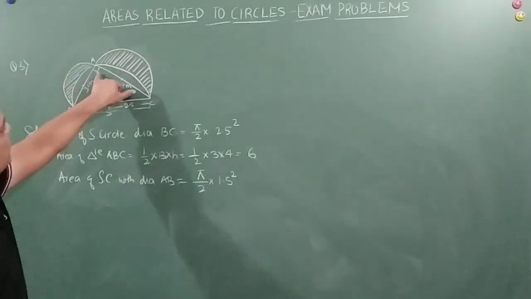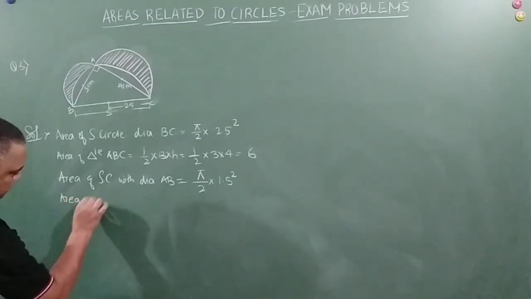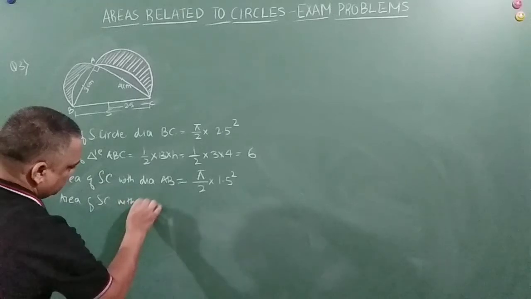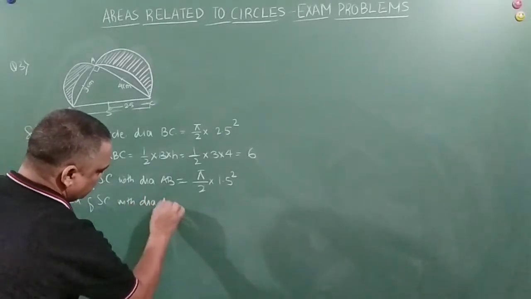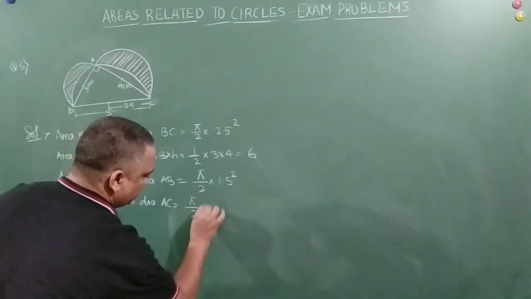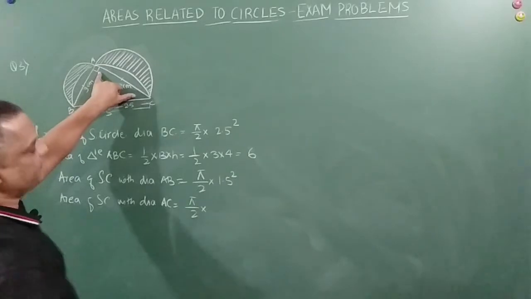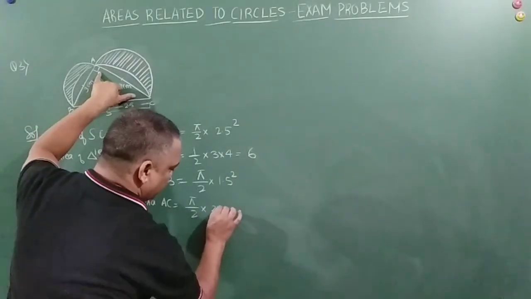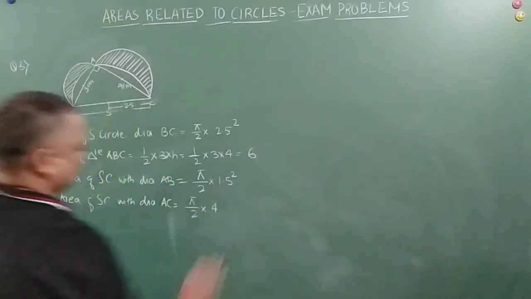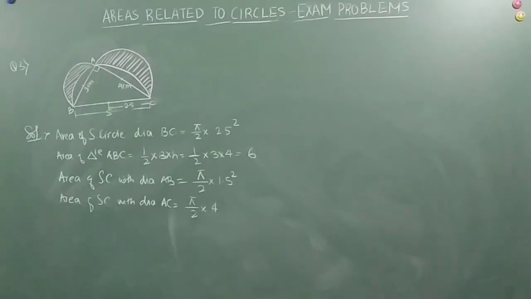Now area of semicircle with diameter AC will be equal to pi by 2 into r square. So r is equal to 2 here, right, friends, because diameter is 4. So 2, we can write 4. We will leave it here, okay, because I want to take something common and then move forward, right?